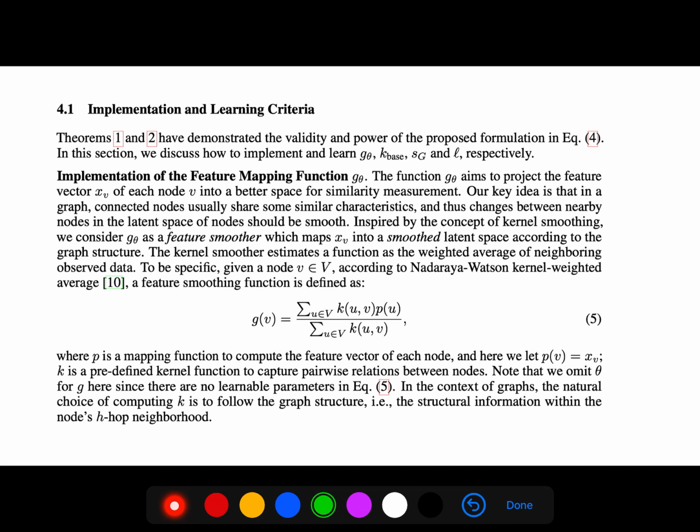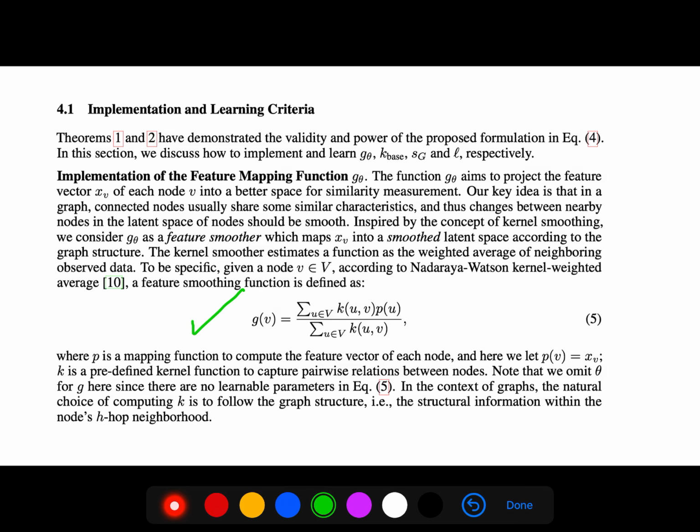Now for the implementation of the feature mapping function g theta, we can use this Nadaraya-Watson kernel average, because the function g aims to project the feature vector of each node to a better space for similarity measurement.